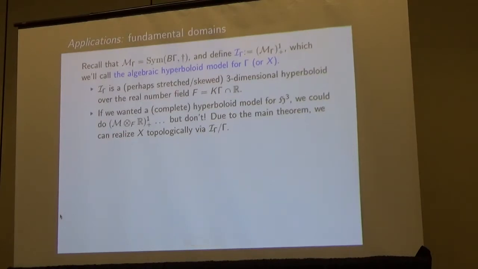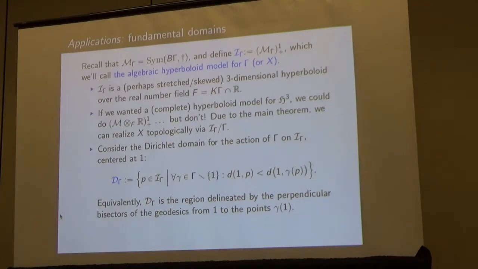Now, this is an important point. If I really wanted a hyperboloid model for hyperbolic 3 space, I would have to tensor up to R before I took my norm 1 positive trace. But don't do that. If you do that, you lose the whole point. By not doing that and acting my group on it, I can actually realize all of my orbit points using algebraic numbers.